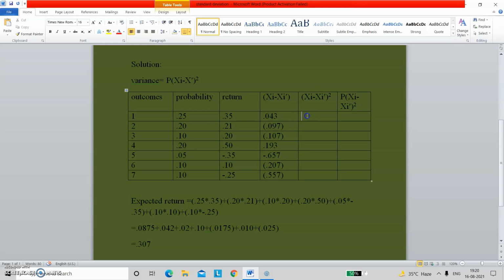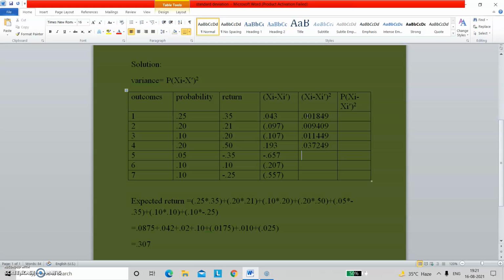Now we are going to do the square of this. 0.043 into 0.043 is 0.001849. Then 0.097 into 0.097 is 0.009409. Third is 0.107 into 0.107, which is 0.011449. Then 0.193 into 0.193 is 0.037249.